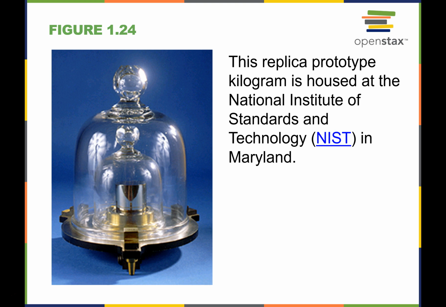I can almost picture them doing this. So what they do is they have this prime standard, and then they basically make little babies, first generation from that, and then they make little babies from that. And these are things that can go out in the world and make sure your scales are doing what they're supposed to do, to calibrate your scales.